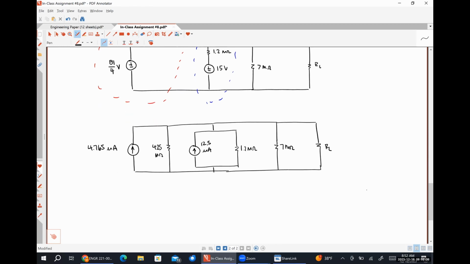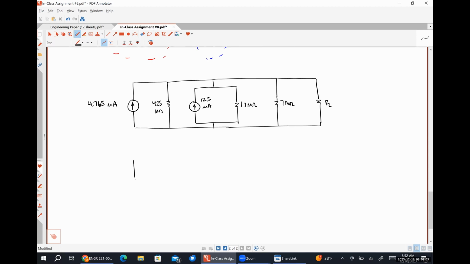And what can I do now to simplify this thing? So I have two current sources in parallel, and I have three resistors in parallel. So I'm just going to combine my current sources and combine my resistors, right? So my previous answer plus what I have stored in my calculator as A gives me 17.265 microamps.